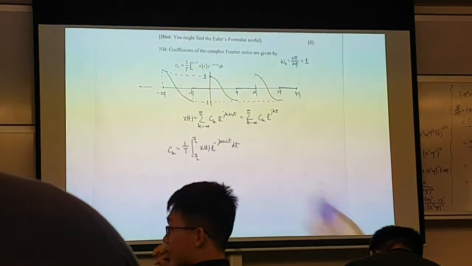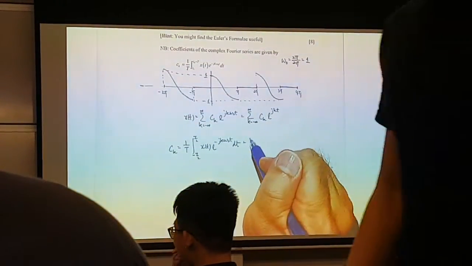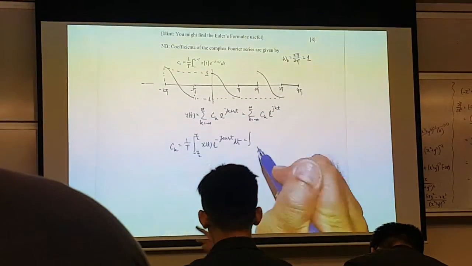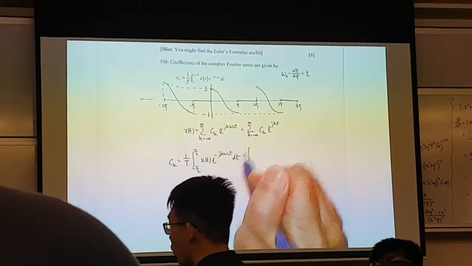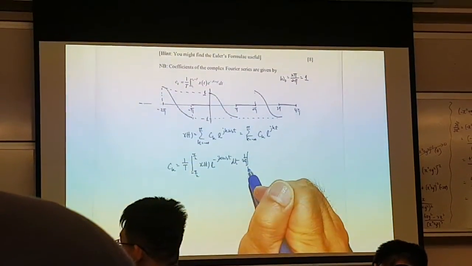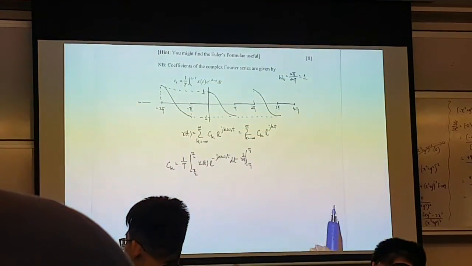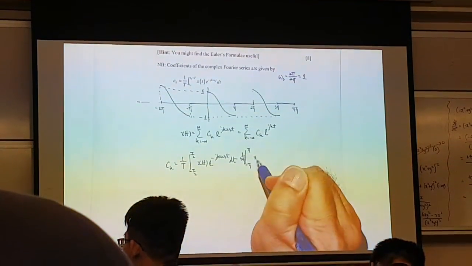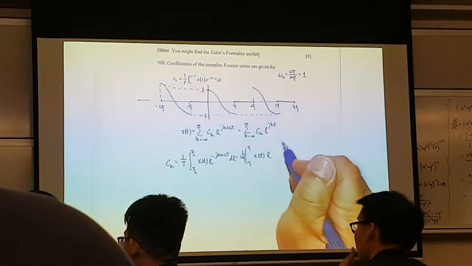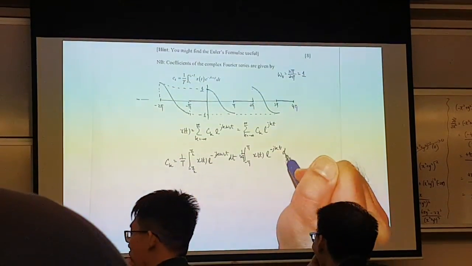Depending upon how you want to do it, you can integrate it, because T is equal to 2 pi. So you can integrate from minus pi to pi, x(t) e to the power of minus j k t dt.